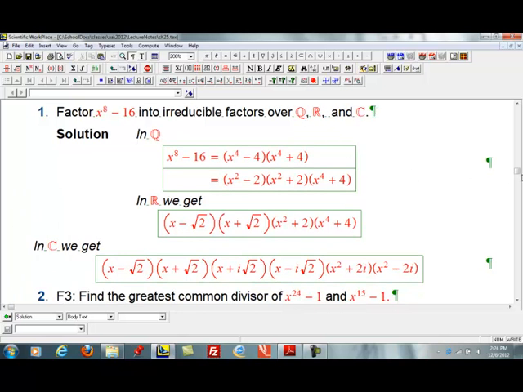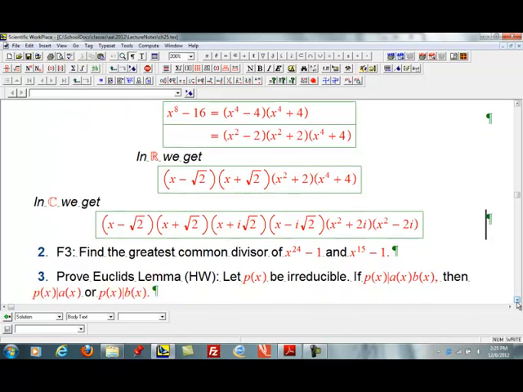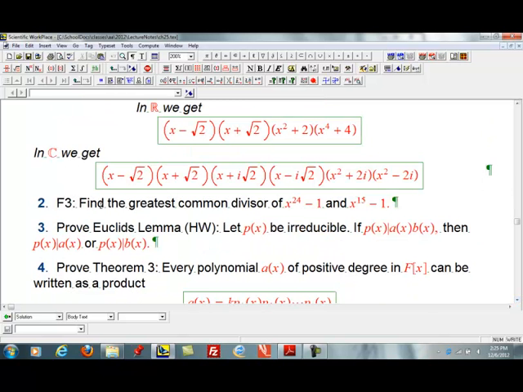Yeah. Okay, that got the numbering back. So, find the greatest common divisor. That's not the hard part. The hard part is writing it as a linear combination when we're done.